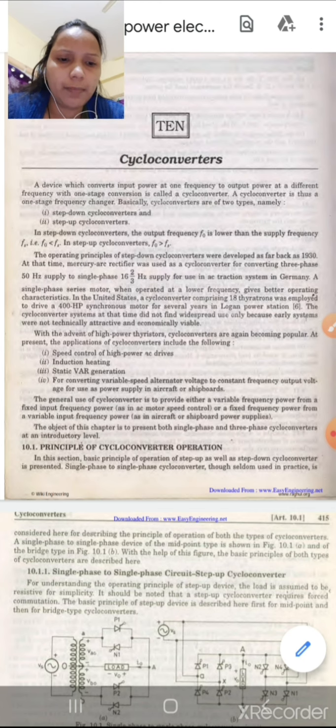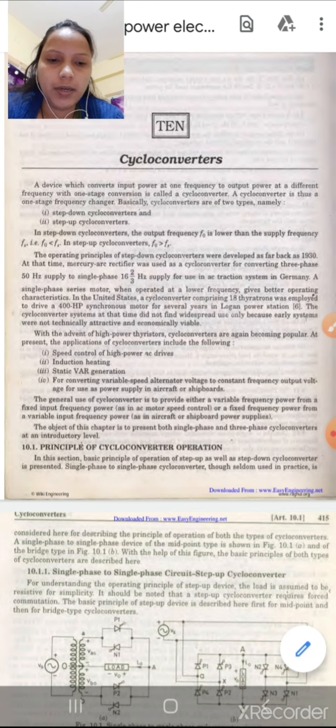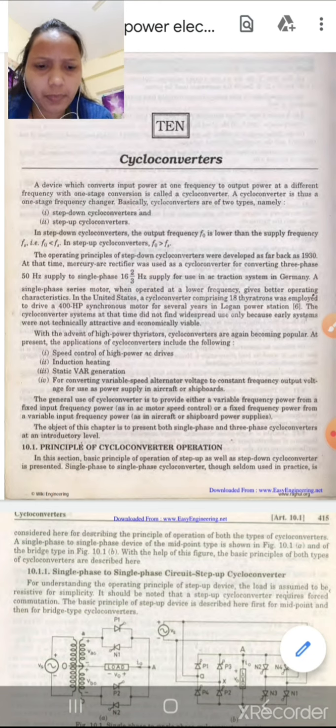In one line you can say that a cycloconverter is a circuit which can convert power at one frequency to another frequency in one stage conversion. You also call the cycloconverter a frequency changer.